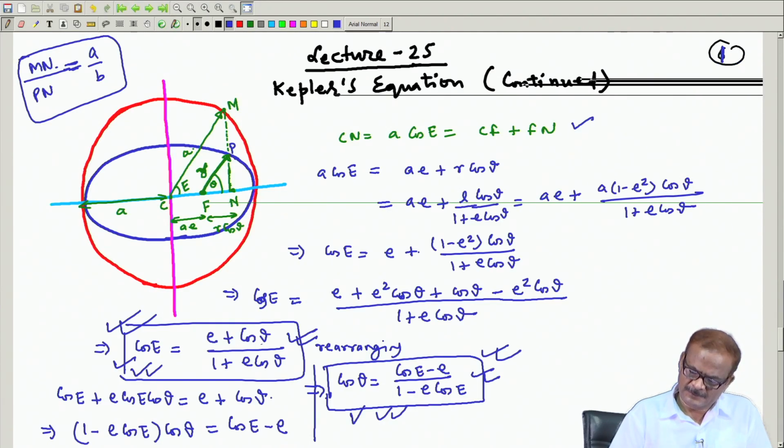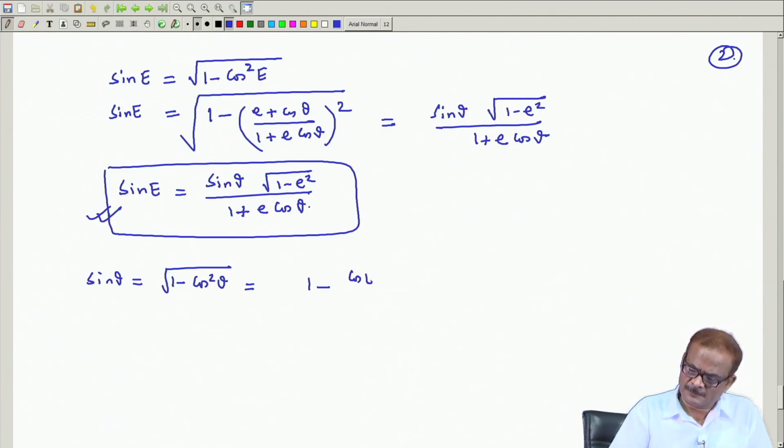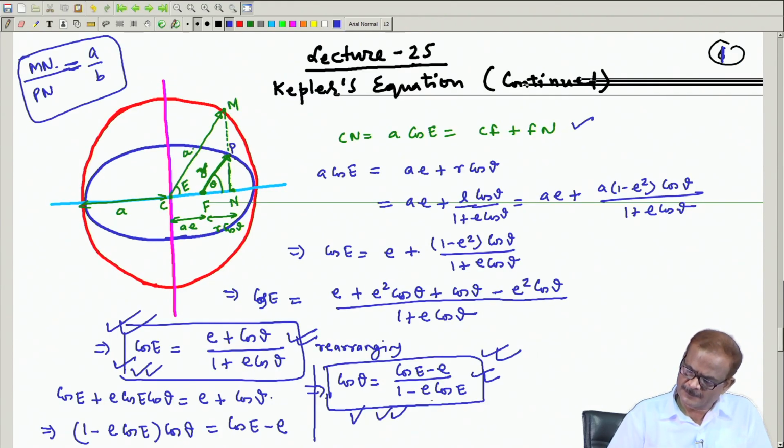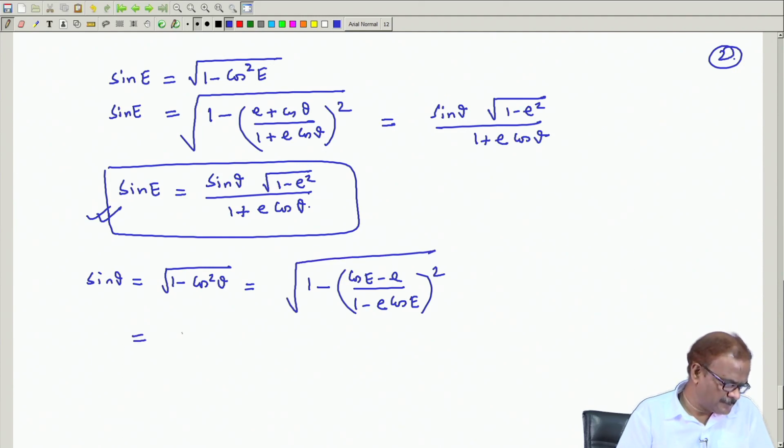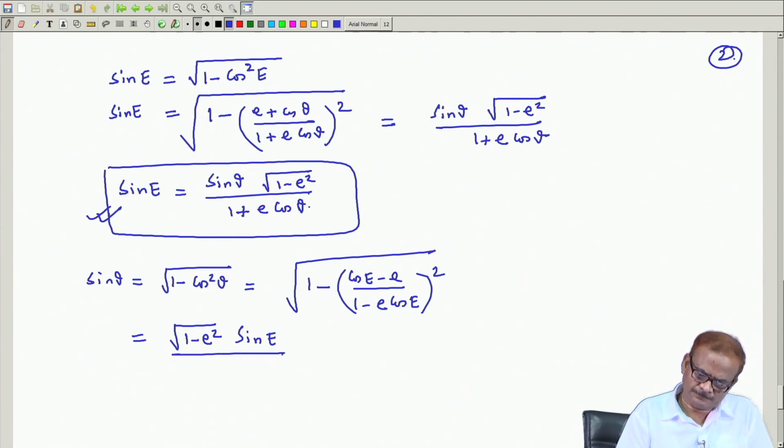Cos theta is cos E minus e divided by 1 minus e cos E, this whole square under root. If you simplify it, I am writing the final result here to save some time.